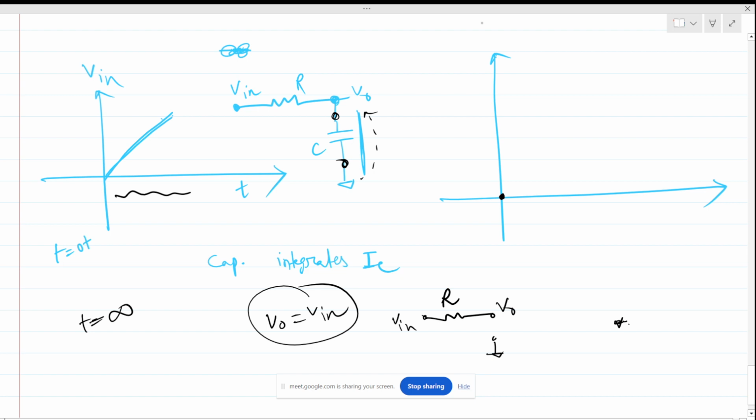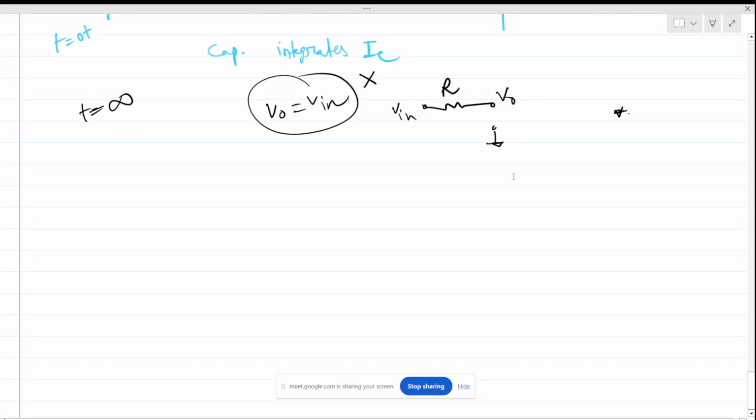But actually this is not happening here. This is wrong. Why wrong? I am telling. We know that at T equals infinity, the capacitive impedance is very, very high, right?